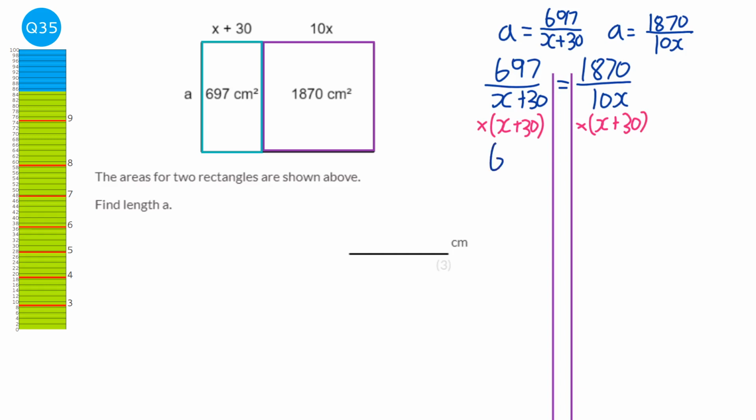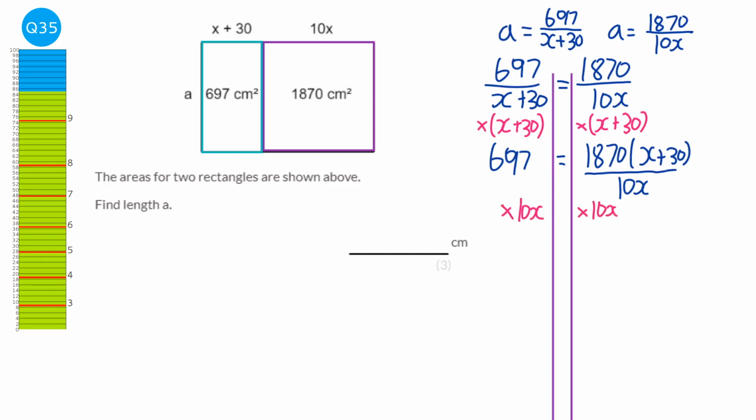So this will just be 697 on the left hand side, because that gets rid of the denominator. And it will be 1870 times x plus 30, and then all of that over 10x. Same thing again, but I'm going to get rid of the denominator on the right hand side, so I'm going to times both sides by 10x.